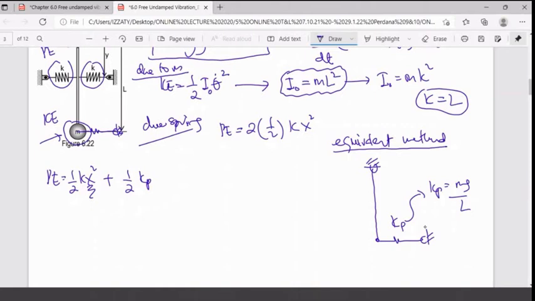You have L, you put the Kp, and this distance is x square. Put this one x and y.